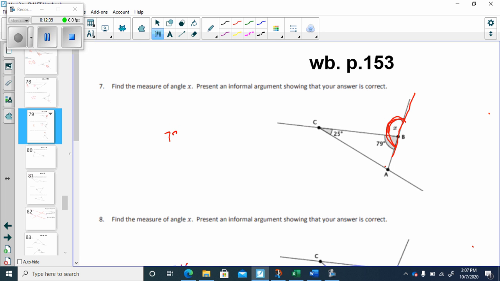In other words, 79 plus x is 180, right? Well, all you've got to do is say 180 minus 79, okay? And you get 101. This angle is 101 degrees. How can I tell if that's right? Add 101 plus 79, and you will get 180.